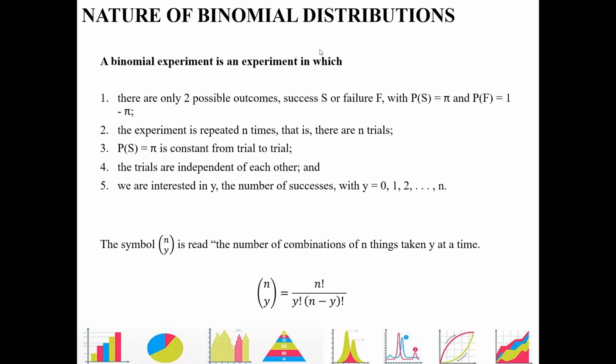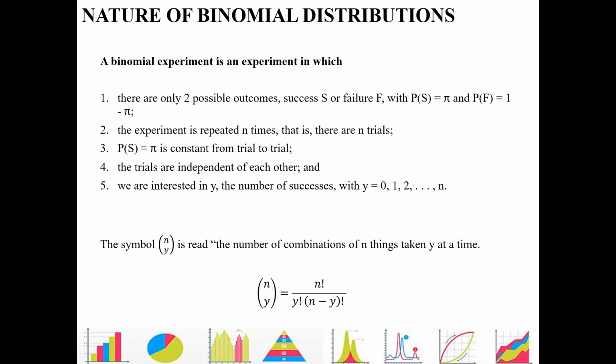The experiment is repeated n times, that is, there are n trials. So for every experiment, meron siyang n trials na tinatawag. The probability of success, the pi, is constant from trial to trial. So kung ang probability of success mo is 0.4, every trial, 0.4 ang probability. The trials are independent of each other, and we are interested in y, the number of successes, with 0, 1, 2, and so on.